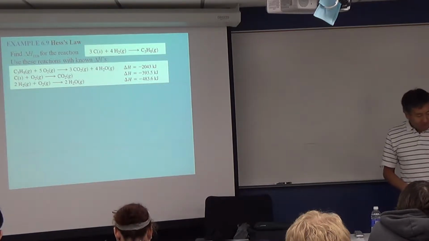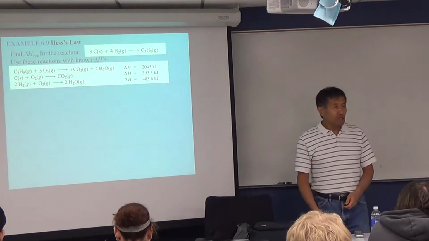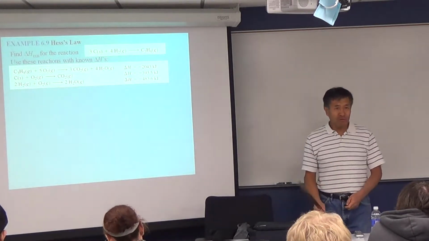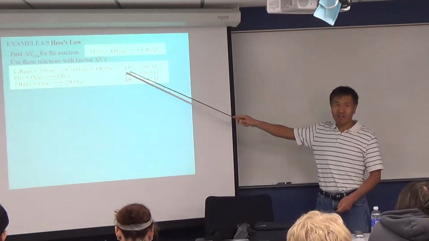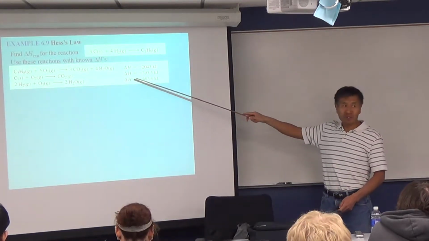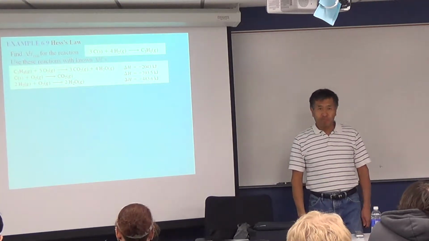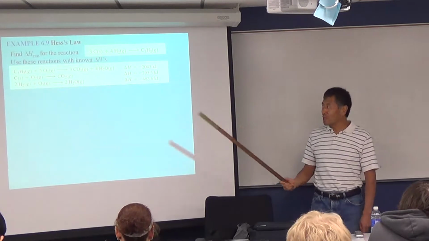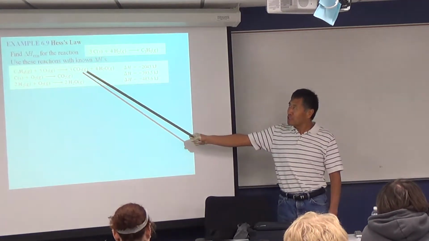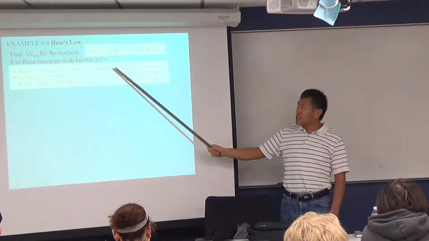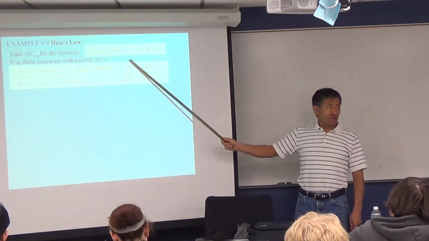I think one point you probably understand: the purpose of this problem is to use these 3 delta H. We have delta H here, even though the book did not give some numbers, but just gives you the equation with the delta H. The purpose of this problem is to use these 3 delta H to get a delta H for that one.